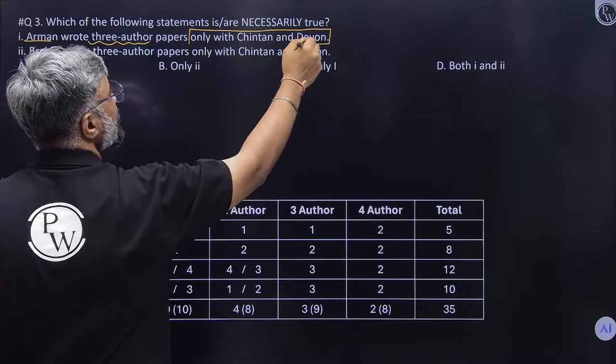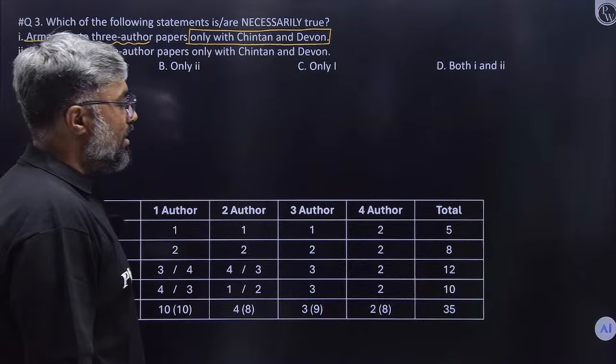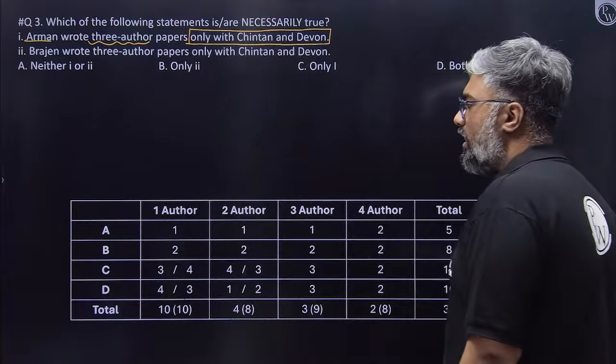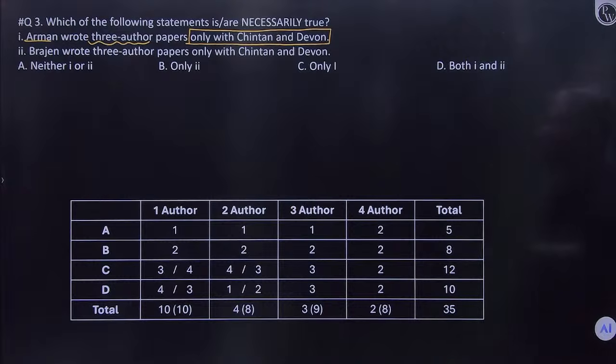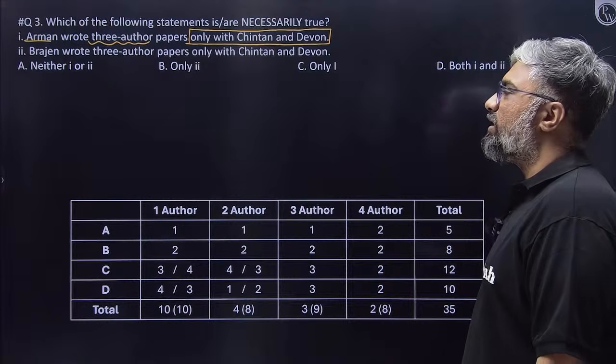Arman wrote 3 author papers only with Chintan and Devon. Oh, this one is a little tricky, yes. The second one says Brahan wrote 3 author papers only with Chintan and Devon.